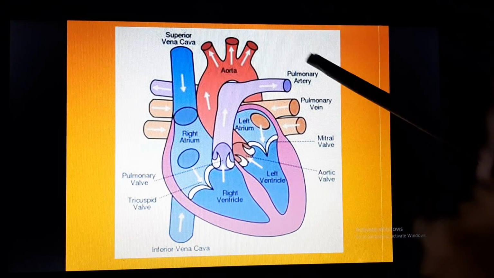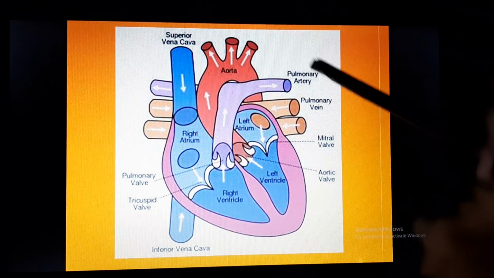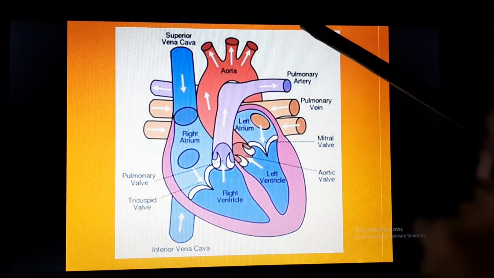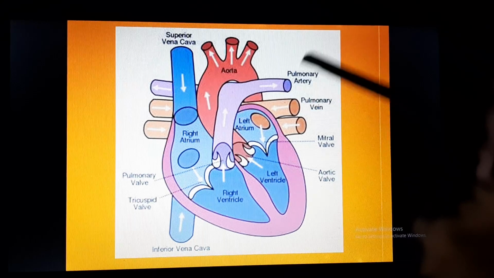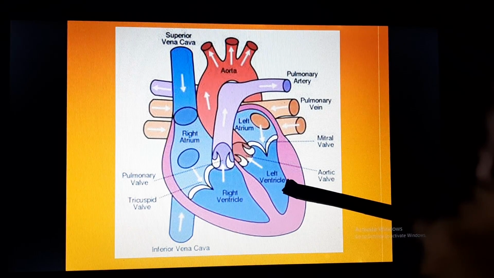Here you will see that pulmonary artery is the only artery which is carrying deoxygenated blood from the right ventricle to the lungs, whereas pulmonary vein is the only vein which is carrying oxygenated blood from the lungs to the heart.